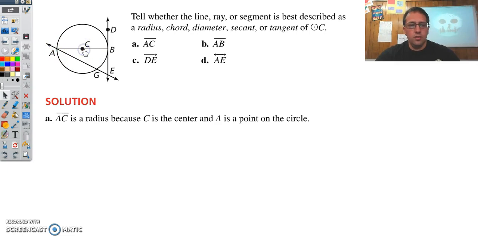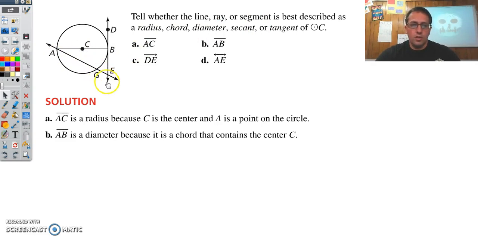This is the radius. One endpoint is the center of the circle, and the other endpoint is on the circle. So that's a radius. Segment AB goes from A through the center all the way to B and stops. So this is a chord. However, it is a chord that contains the center, so it is also a diameter.